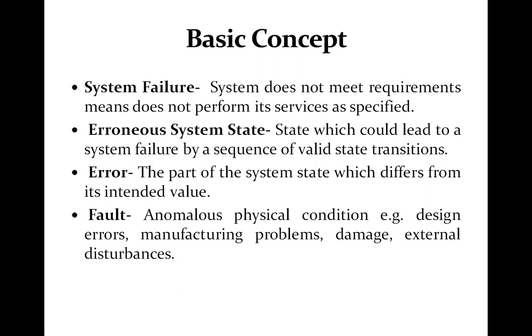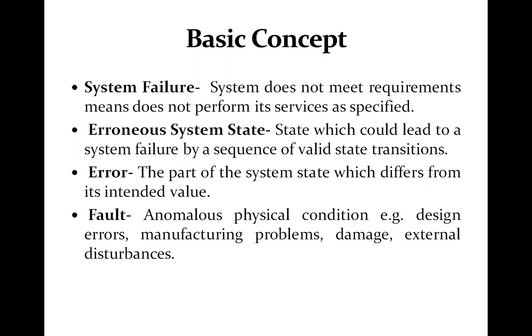So we have certain basic concepts related to that, because we know that the system consists of a set of hardware and software components, and the system is designed to provide specified services. Now, the failure of the system occurs when the system does not perform its services in the manner specified earlier.